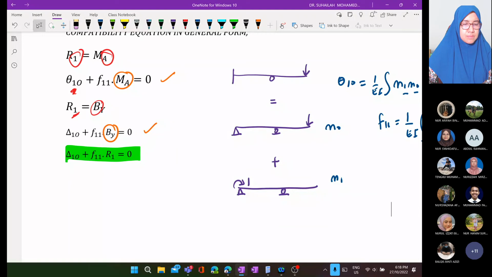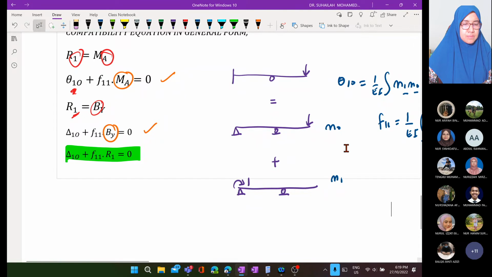Anyway, if you want to stick to ABC, doesn't matter for one redundant. I just need to explain about this because when we move to two redundant system, it is best for us to use numbering. Okay, numbering one and two. One for redundant 1, 2 for redundant 2. Anyway, for one redundant, you can remain use symbol ABC.